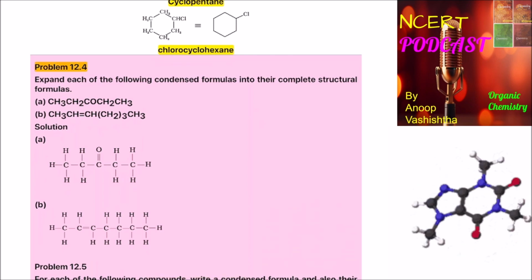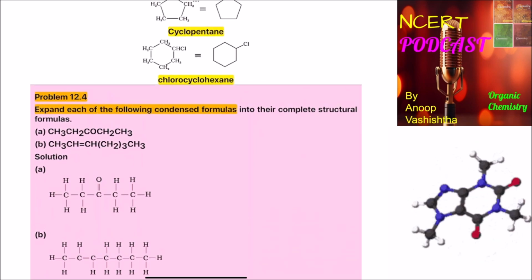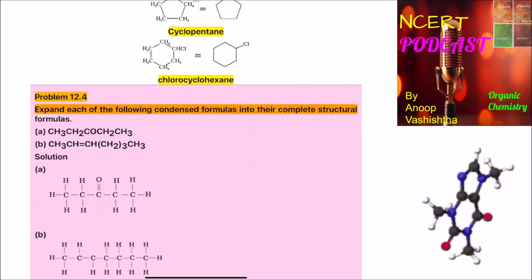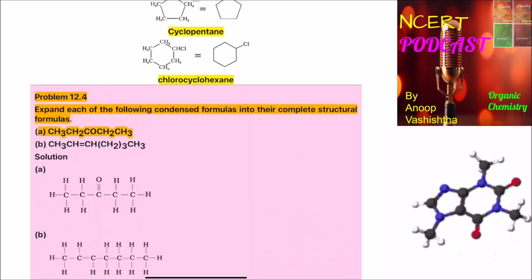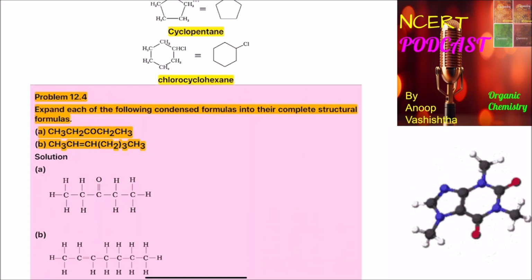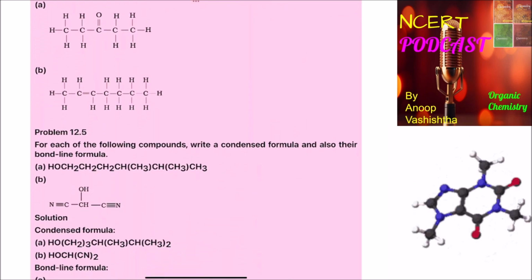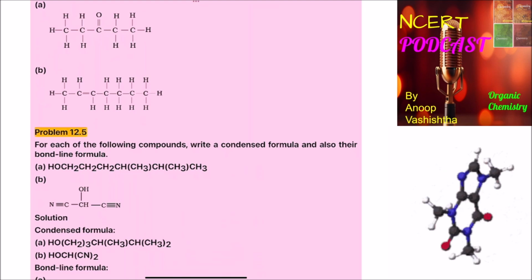Problem 12.4. Expand each of the following condensed formulas to their complete structural formulas: A. CH3CH2COCH2CH3, B. CH3CH(CH2)3CH3. Problem 12.5.